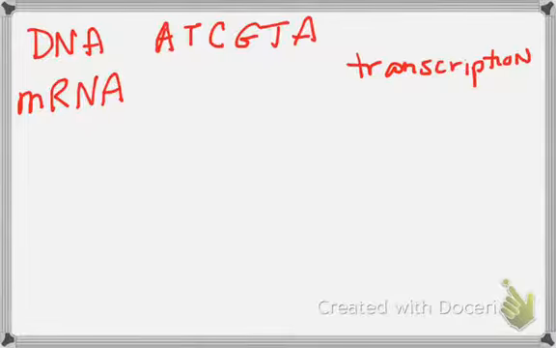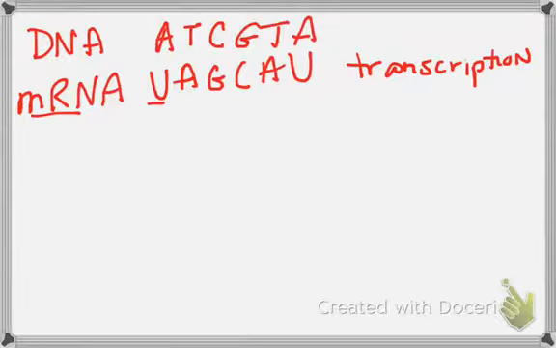We're going to pair up our complementary strand for our mRNA. A pairs with U, T pairs with A, C pairs with G, G pairs with C, T pairs with A. Remember, U is in the mRNA, T is in DNA.